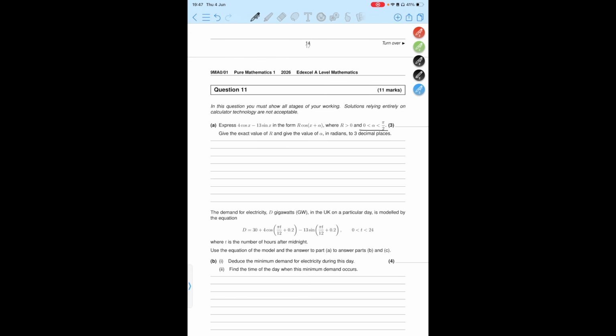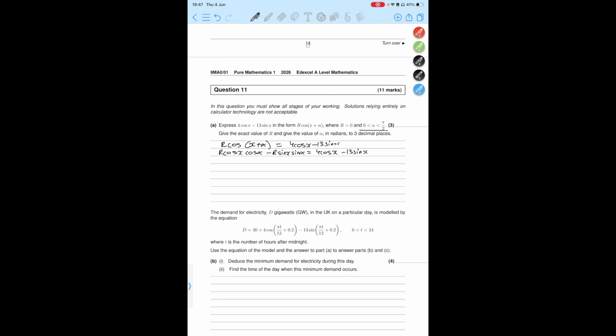The way I do this, everyone has a different method, I just like to write it out. So r cos(x plus alpha) equals 4 cos x minus 13 sine x. So we can say r cos x cos alpha minus r sine x sine alpha is equal to 4 cos x minus 13 sine x.